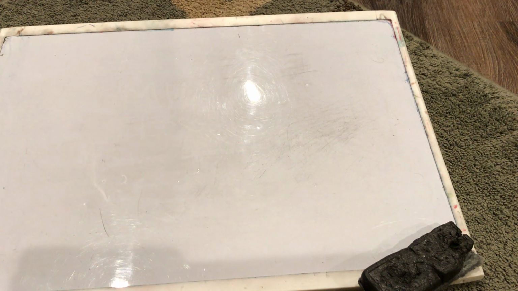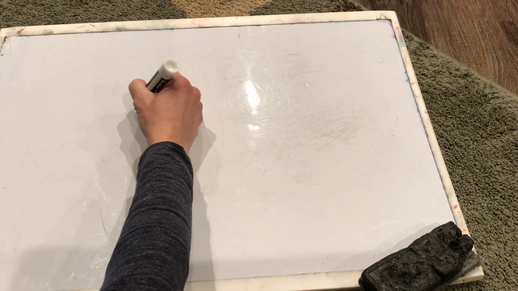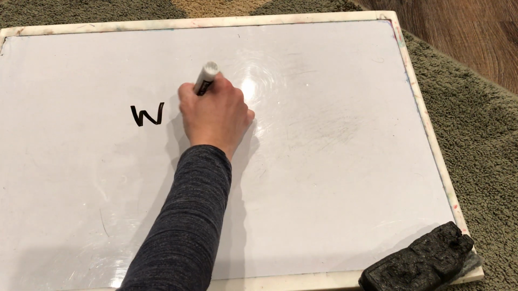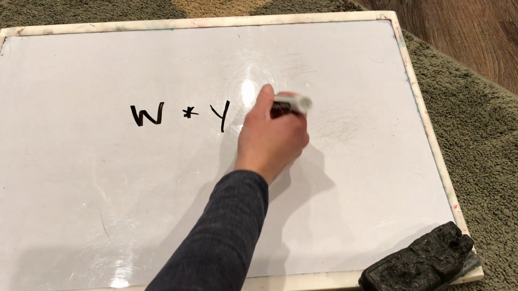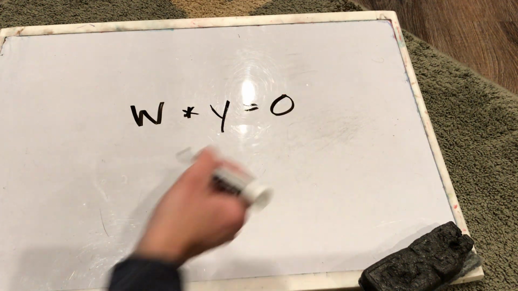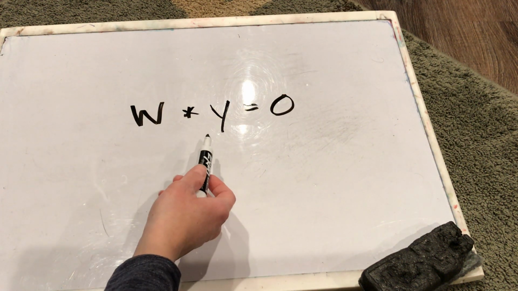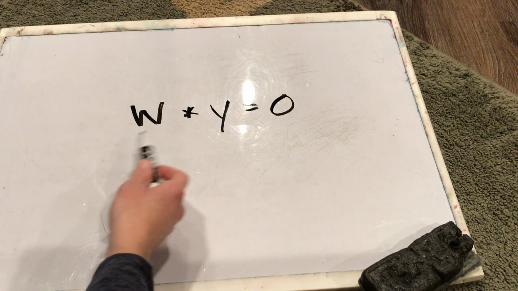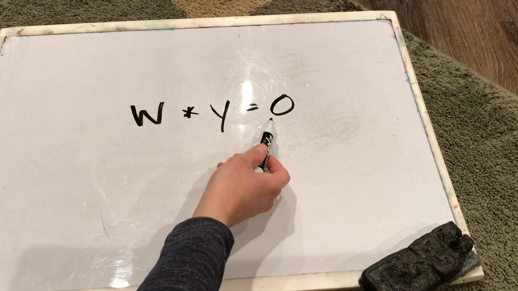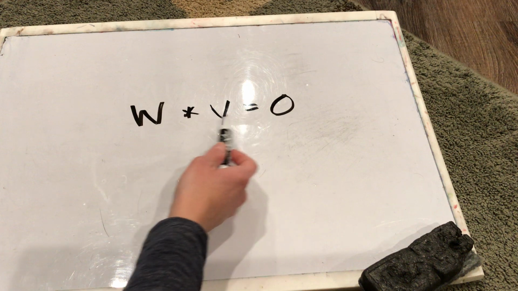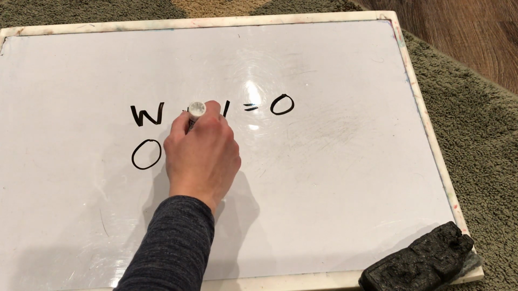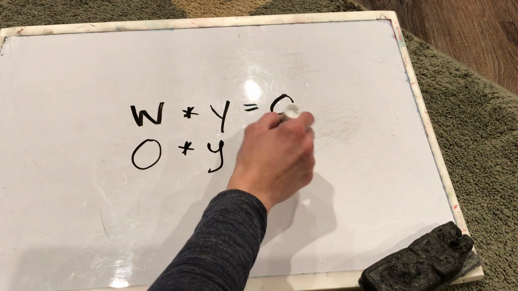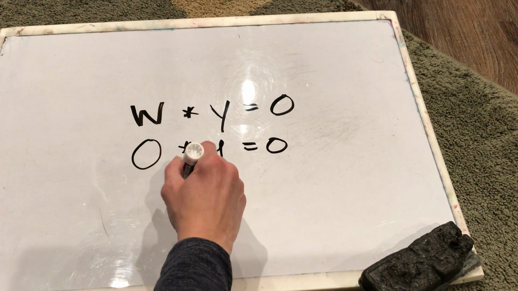Well, let's think back for a moment on basic multiplication. Let's say we have two numbers. We don't know what they are, but we'll call them W times Y. If this equals 0, what do we know about W or Y? Well, one of these factors has to be 0. In order to get 0 as their answer to the multiplication question, then either W is 0 or Y is 0.